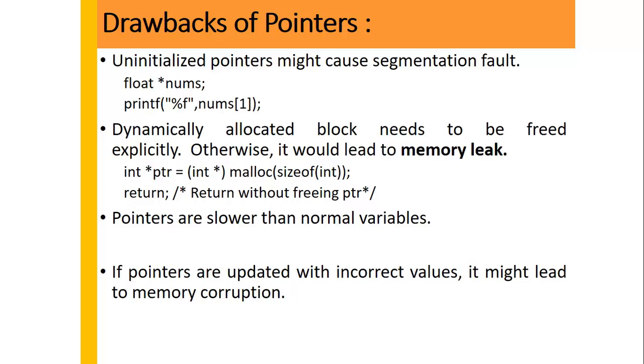So we have allocated memory, say 5 bytes, and we keep adding to the pointer, p+1, 2, 3, 4 and so on, and we move beyond the memory allocated, which will lead to memory corruption or crash your memory. Those are the 4 basic drawbacks of using pointers, so we need to be extra careful on these 4 parameters while we are using pointers.